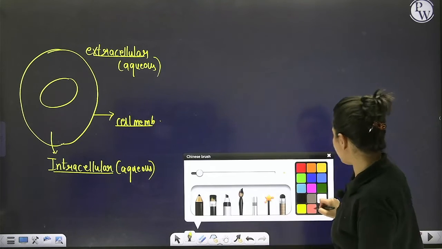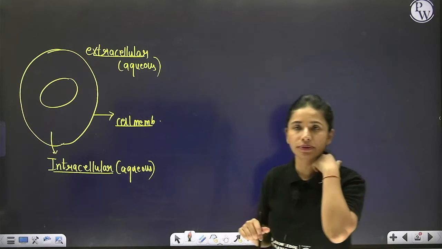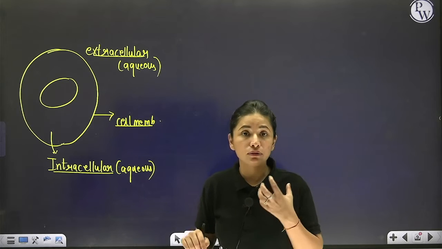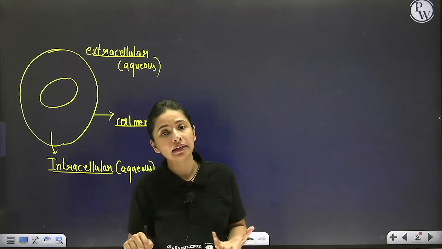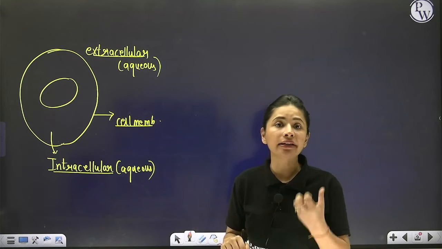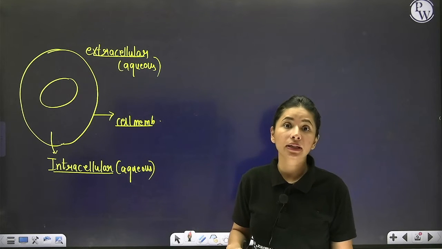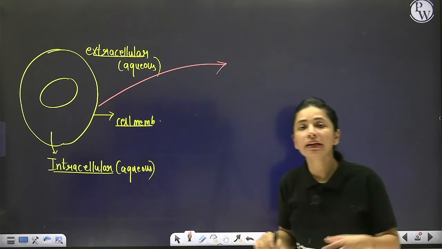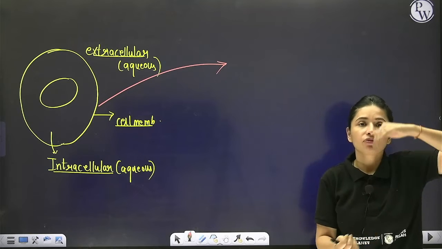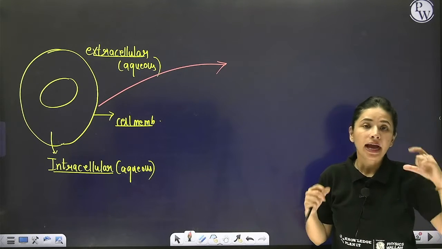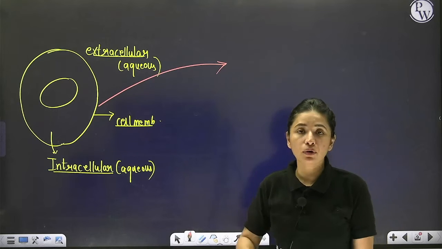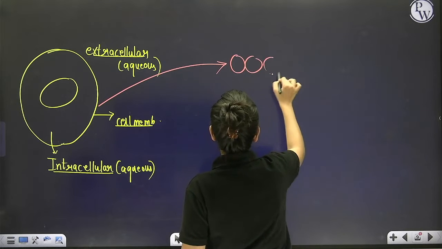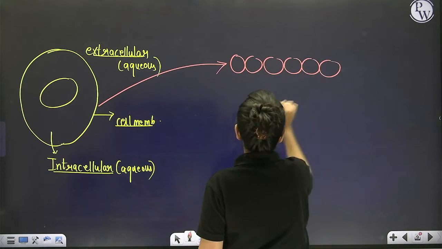Now, when Singer and Nicholson tried to understand the structure of cell membrane, they used human RBC and kept it under their highly magnified electron microscope. They saw that this membrane appears to be like two layers, one above, one below, and both layers are made up of phospholipid. This is how the membrane appears to be.